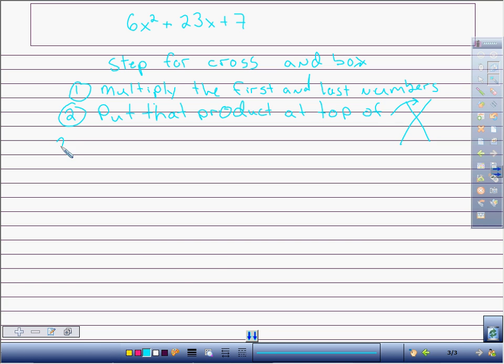And then 3, you put, my thing is running out of ink. Put the middle term coefficient, that's the number before the term, at the bottom, okay?